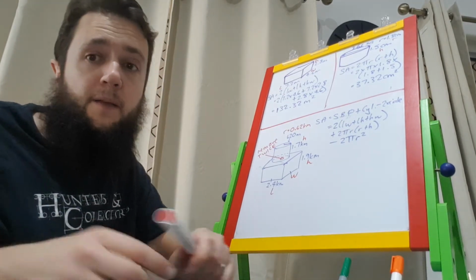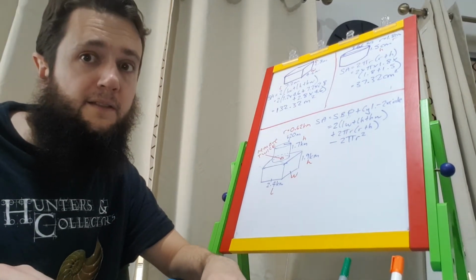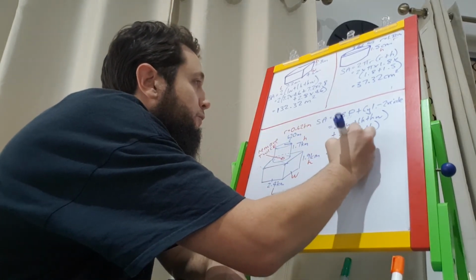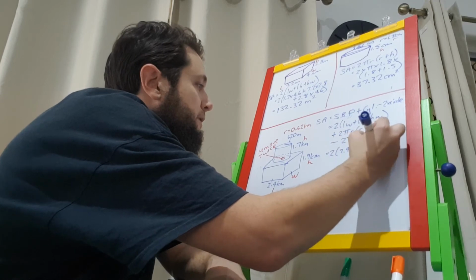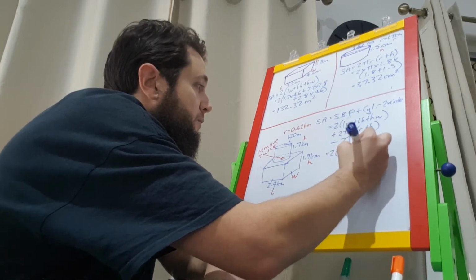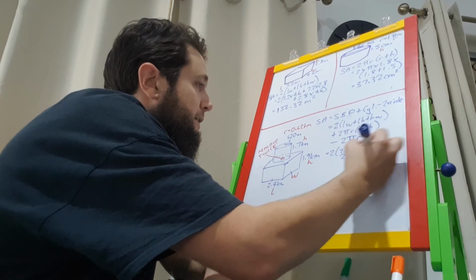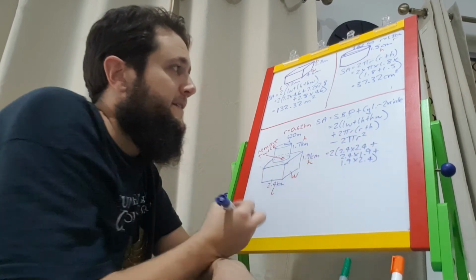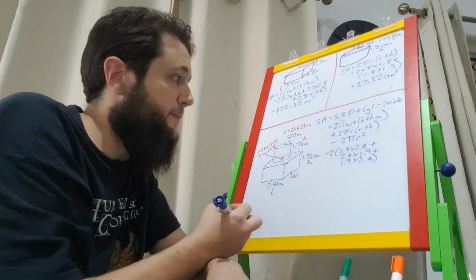Next step, I'm going to substitute a whole stack of values into that. So it's going to be 2.4 times 2.4 plus 2.4 times 1.9 plus 1.9 times 2.4. So that's just the rectangular prism component.